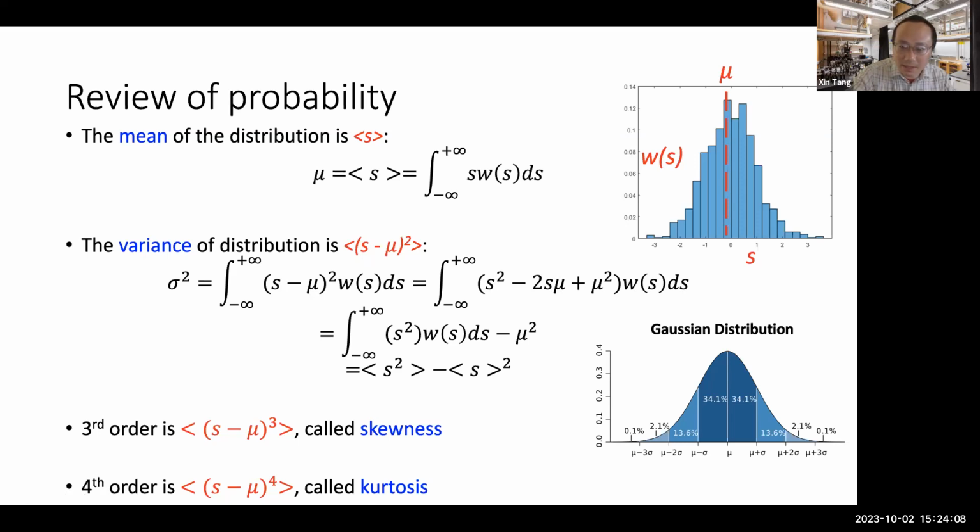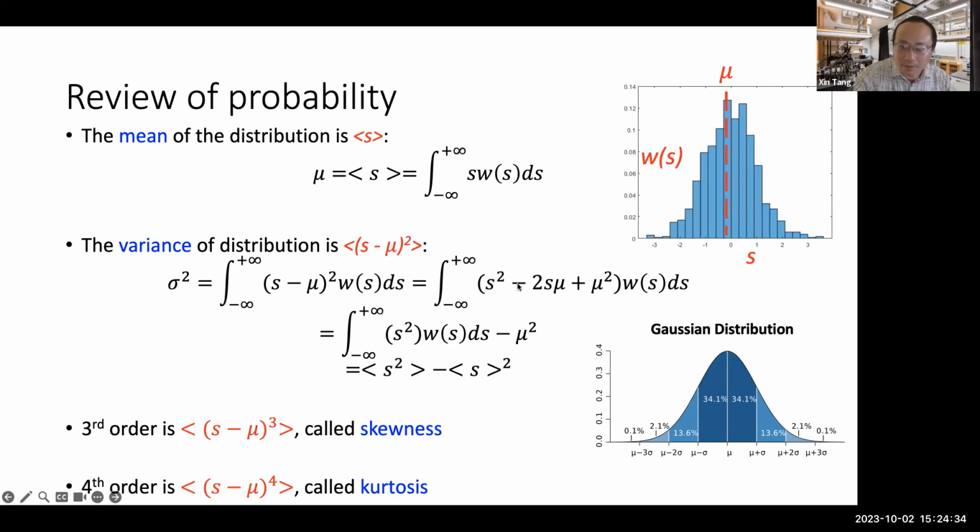If we separate that, follow me closely. s squared times w(s) times ds, that is one value. What does this term mean? This is the mean value of s squared, right? So it's s squared in a bracket.